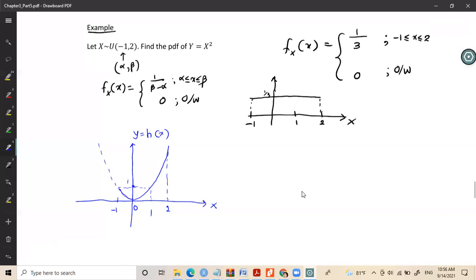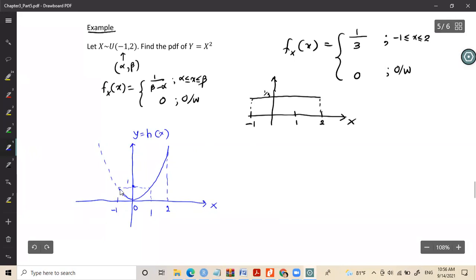Is it only increasing or only decreasing within the given interval? Yes. What do you see here?